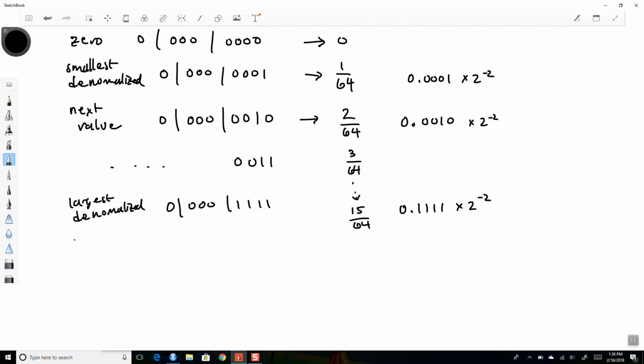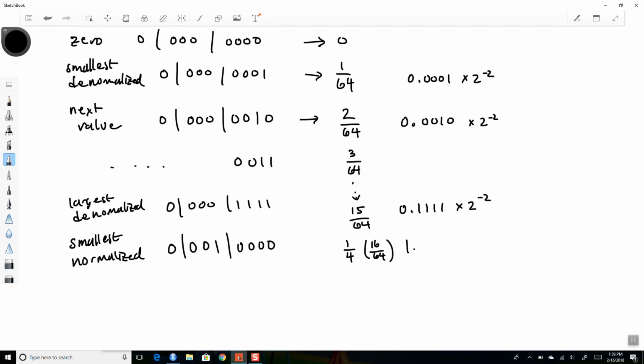And then we're at the smallest normalized value. Here we are now at 0, 0, 0, 1, 0, 0, 0, 0, and this corresponds to 1/4 or 16/64.